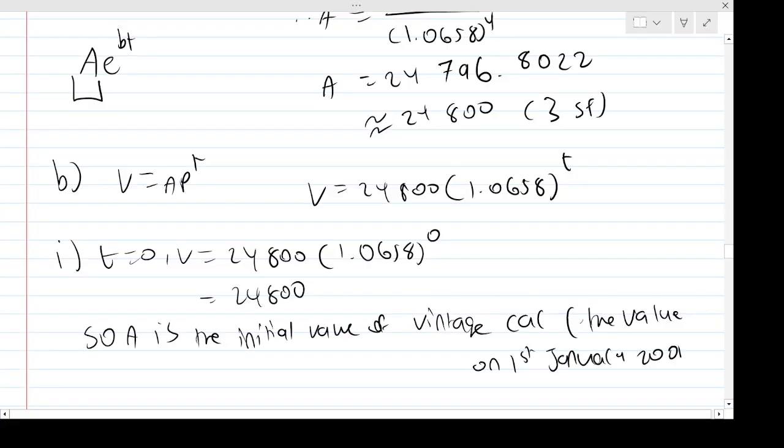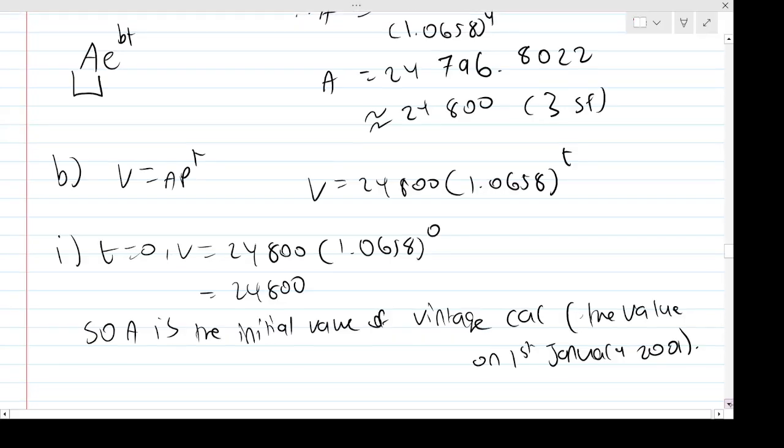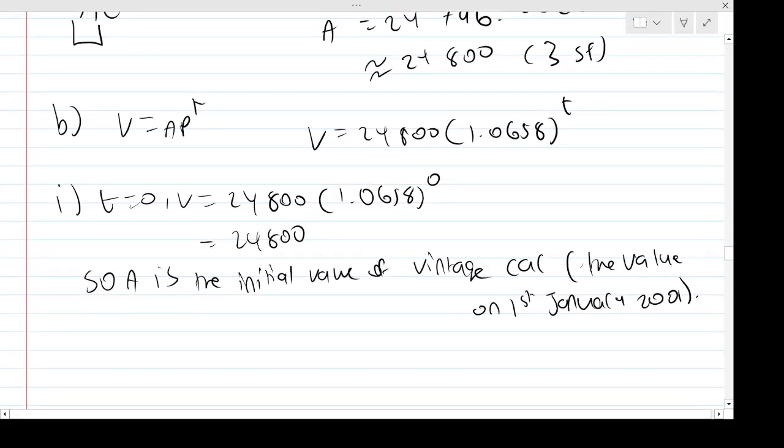So that's what it means by interpret. I'm not just giving the initial value of V, I'm giving the real life meaning of what A is. So not the initial value of V, but the initial value of the vintage car, because that's what the question's on about. I'm applying it to the real life scenario they've given me.